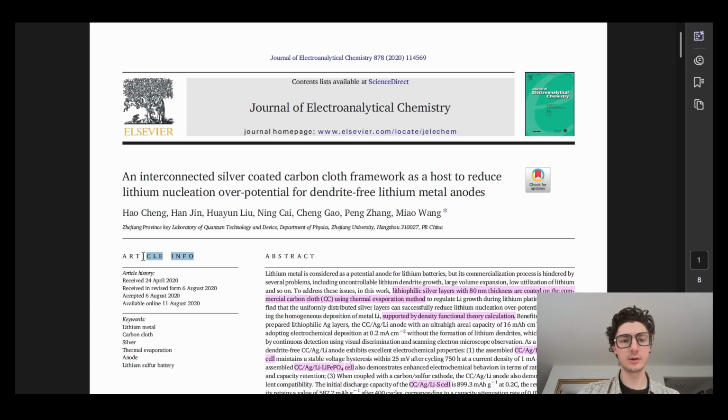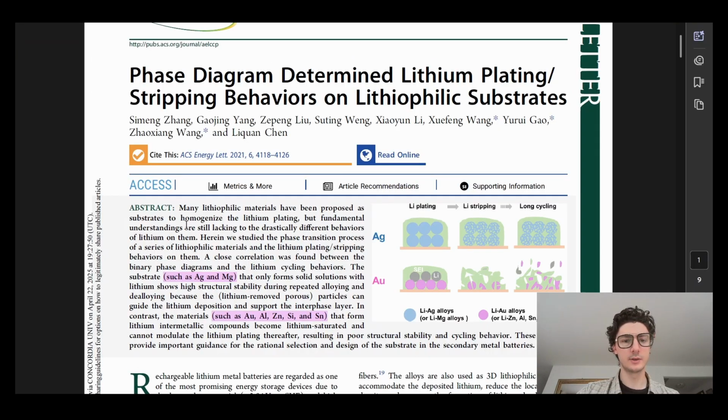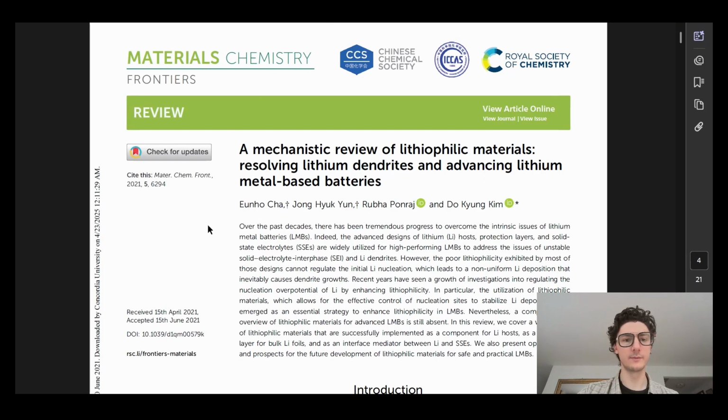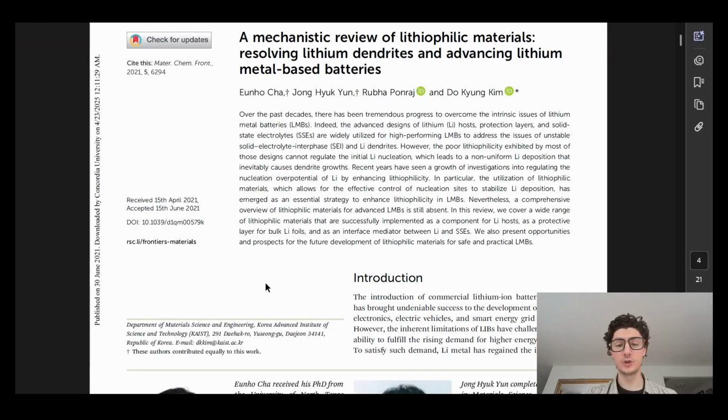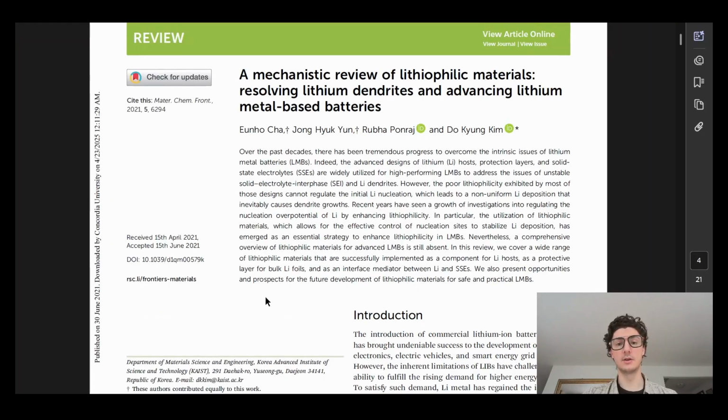In this one, it says article here. And in this one, it says article recommendations. But in the fourth one, it does not say article. Oh, view article online. Anyway, what I want to tell you guys is this is a review, which is a bit different than an article.